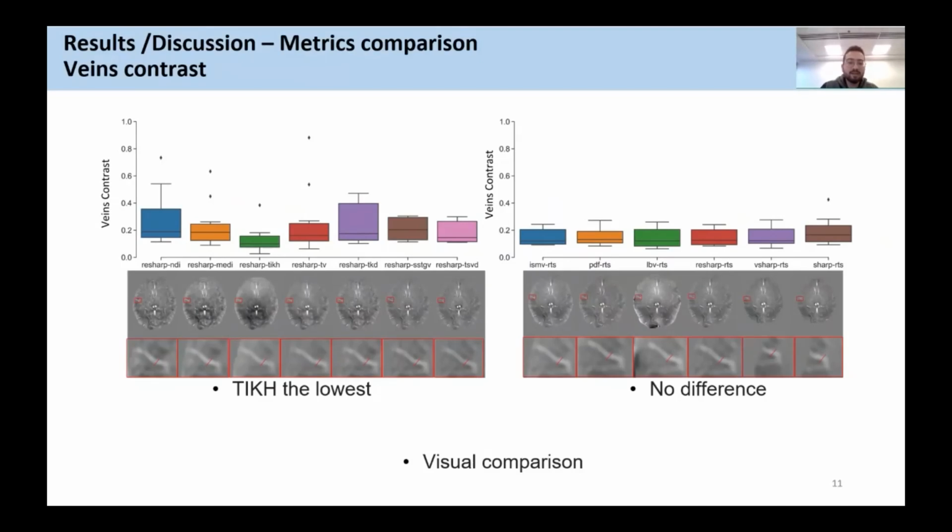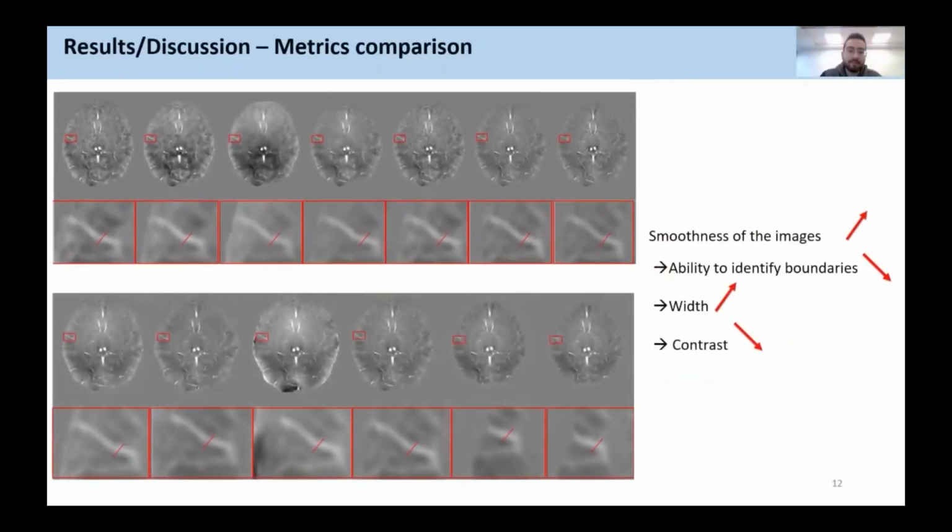Now, let's compare these veins by visual comparison. By looking at the zoomed-in image of the veins, we can notice that these images were in line with the values. One reason that can affect these images is the image smoothness. The more smooth the image is, the harder it is to identify boundaries, which will make the veins larger, and thus will make the contrast lower.